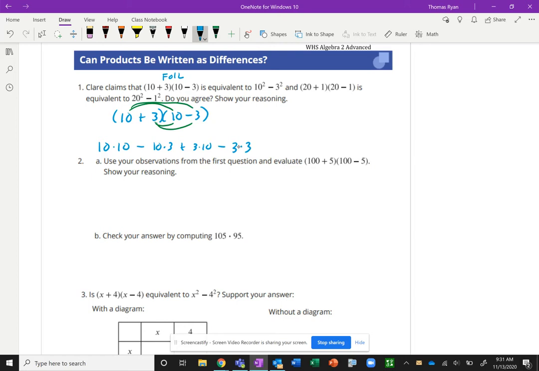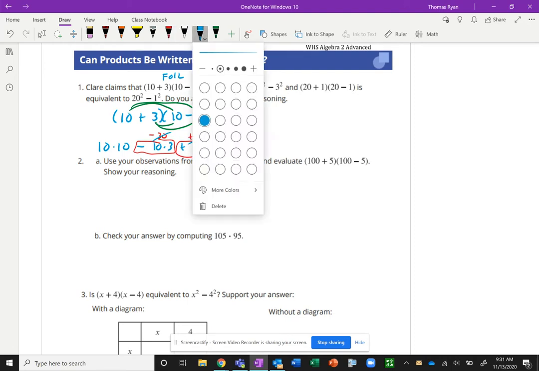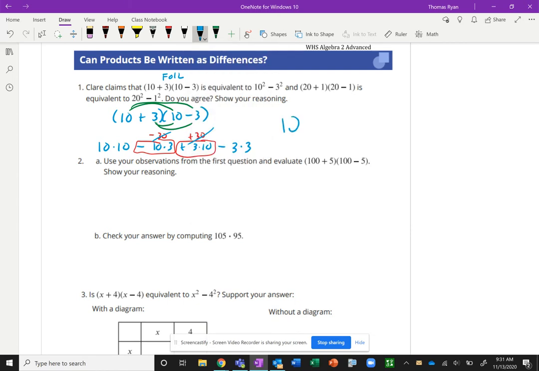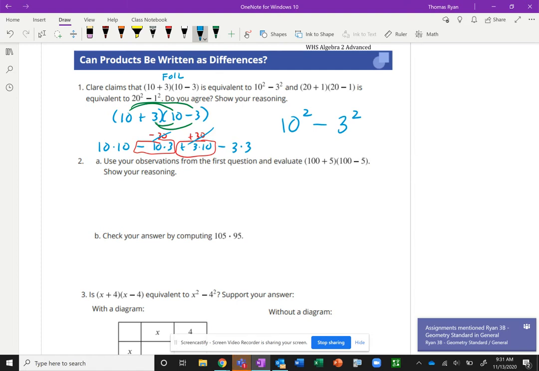Because we're saying positive 3 times negative 3, positive times a negative is the negative, and then we got our 3 times 3. So hopefully what we see here is, look, we have a negative 10 times 3, which is negative 30. And we have a positive 10 times 3, which is positive 30. So we know that these two values are going to cancel themselves out. And then we just want to represent 10 times 10 as 10 squared and 3 times 3 as 3 squared.